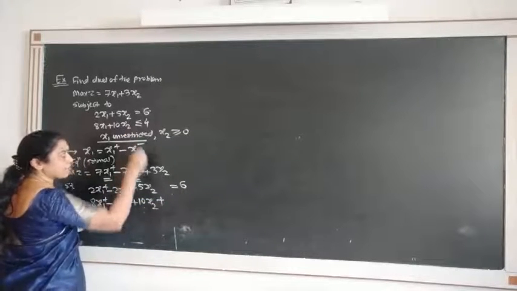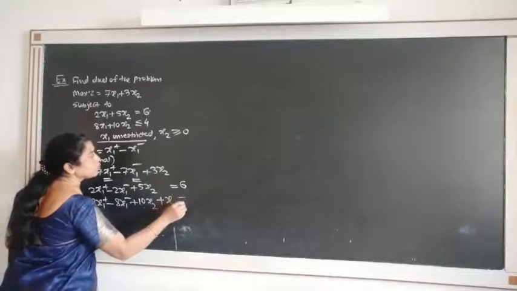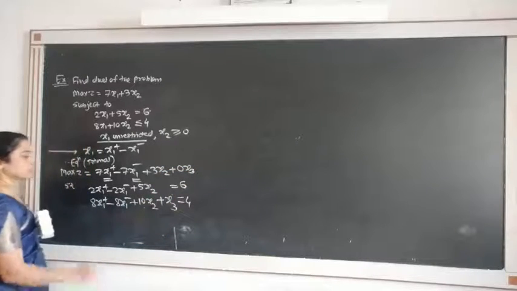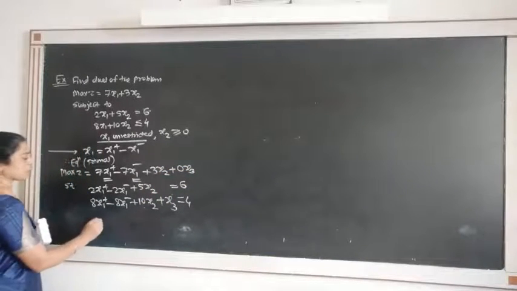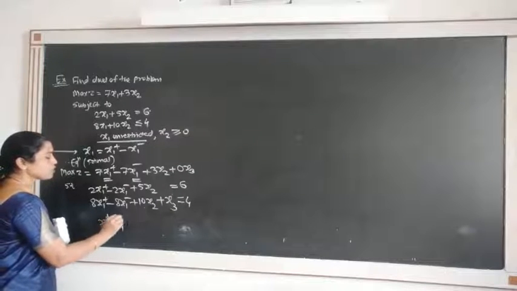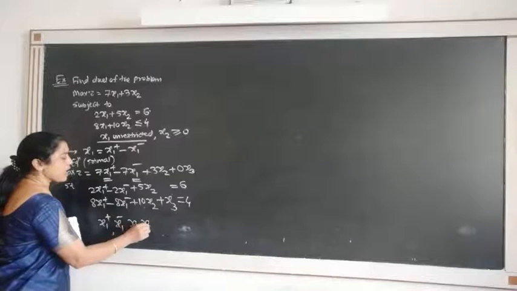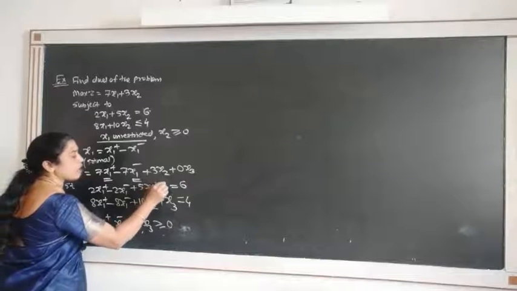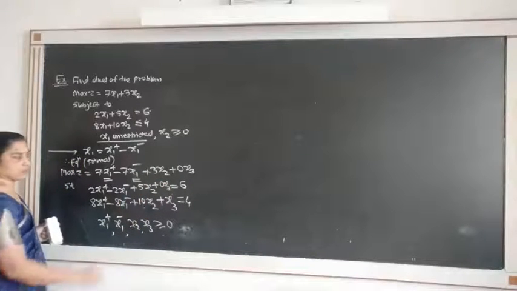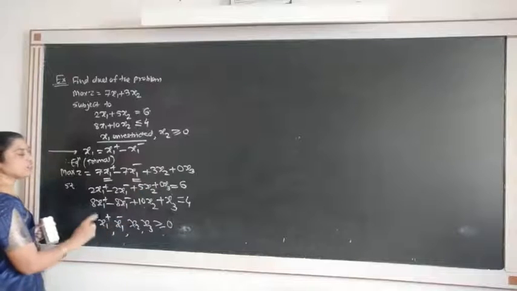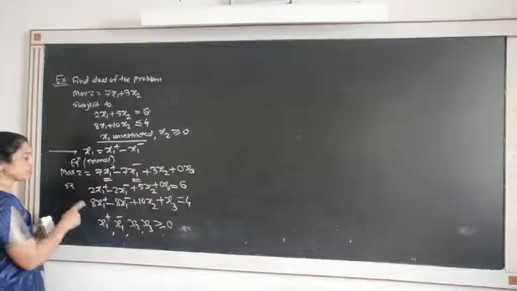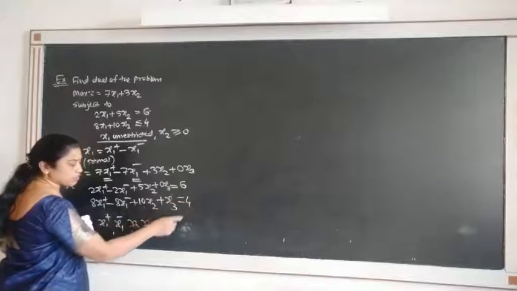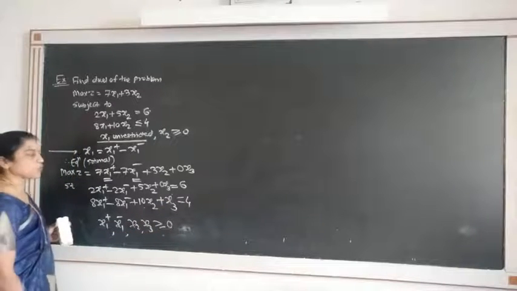So these are the decision variables. Maximize z = this, subject to this constraint. Observe that these are equations with non-negative RHS and all the decision variables greater than or equal to 0.